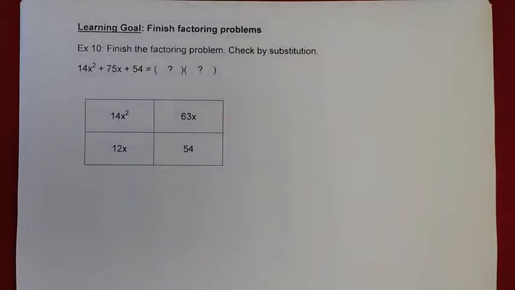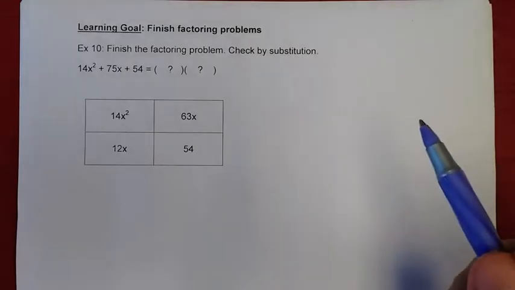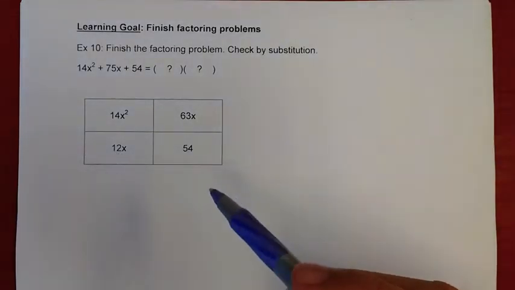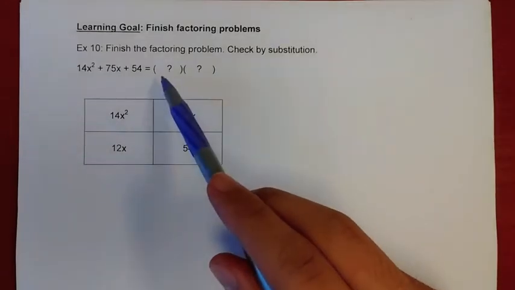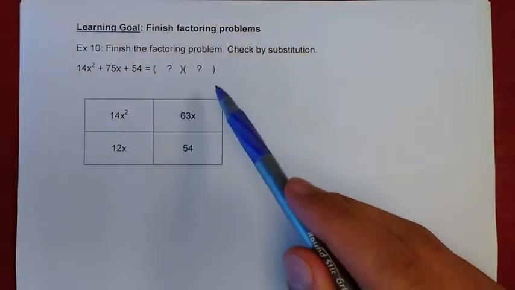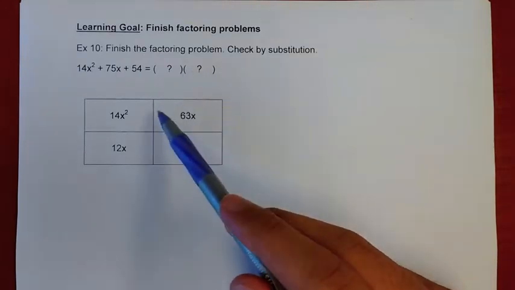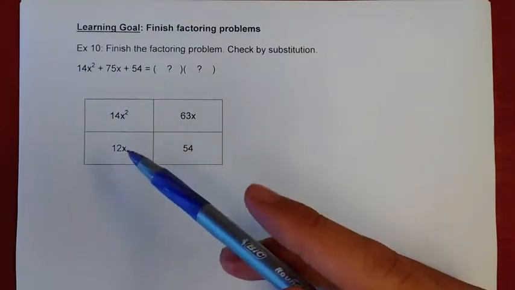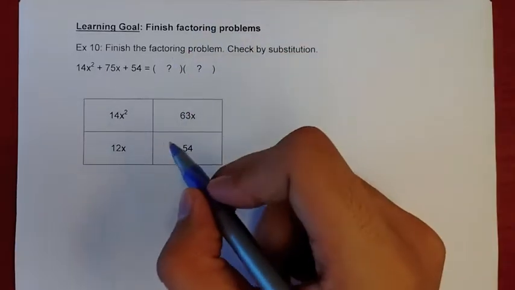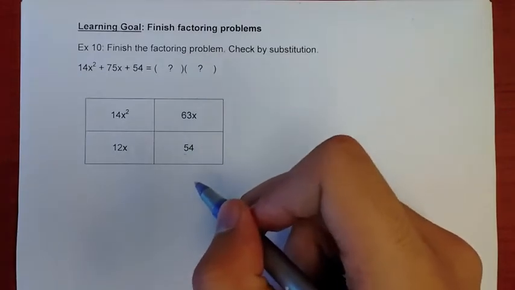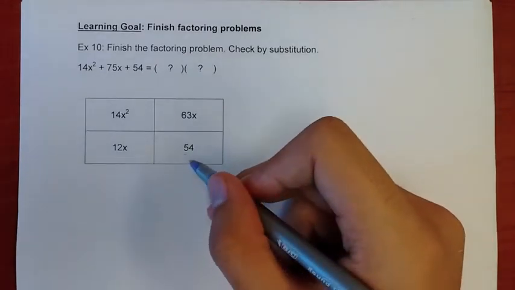So in example 10 here, we're going to finish this factoring problem and then check by substitution. 14x squared plus 75x plus 54 is equal to two unknown factors multiplied. And we're not given anything about the factors, but we are given this completed area square. So first off, we're going to look at this 12x and this 54 and notice that their greatest common factor is 6.